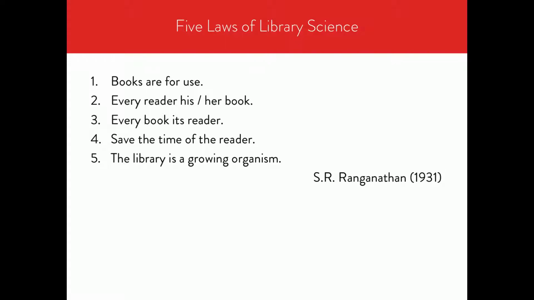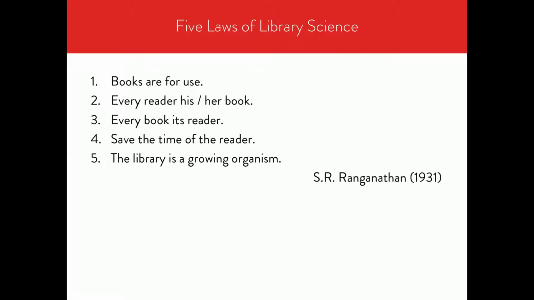Way back in 1931, Ranganathan proposed these 5 laws of library science that were, as you might imagine, sort of centered around physical libraries. Number 1, books are for use. Like in a library, our goal is not just to stick them on a shelf and classify them. They're actually intended for somebody to find them and derive value from them.